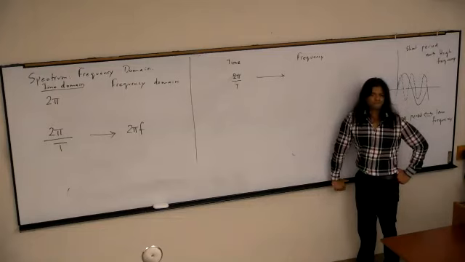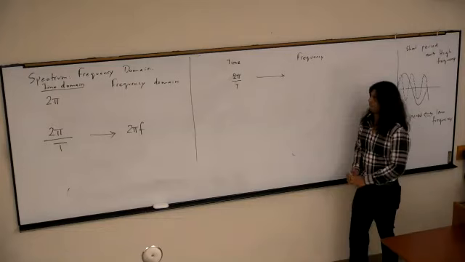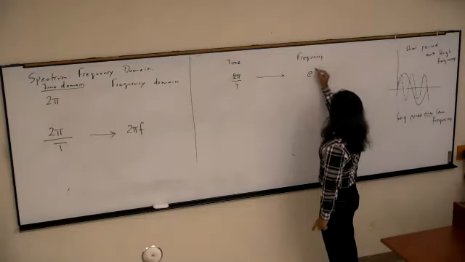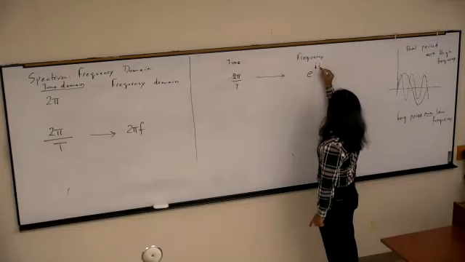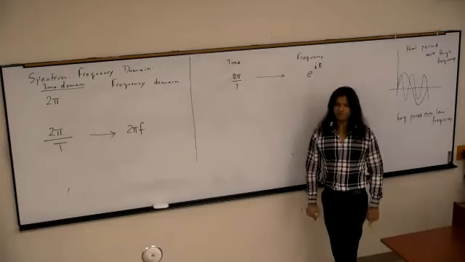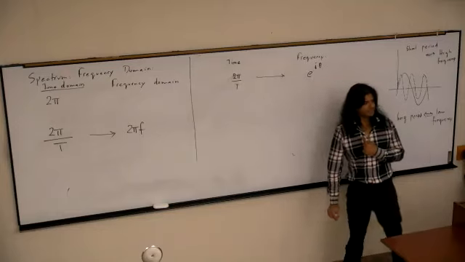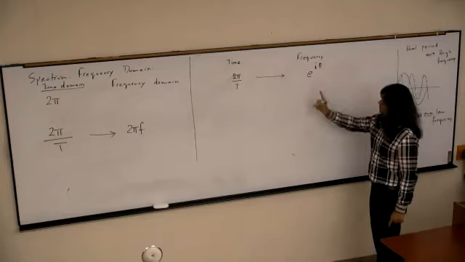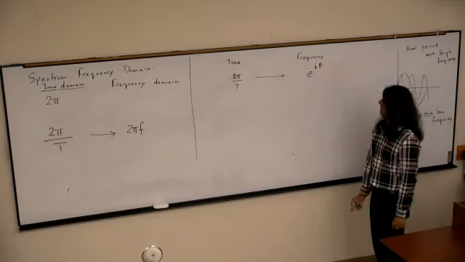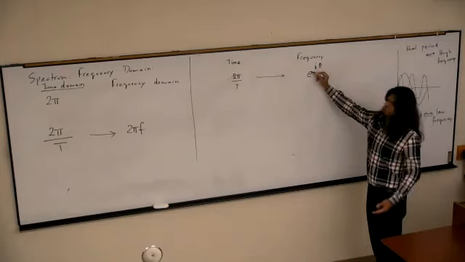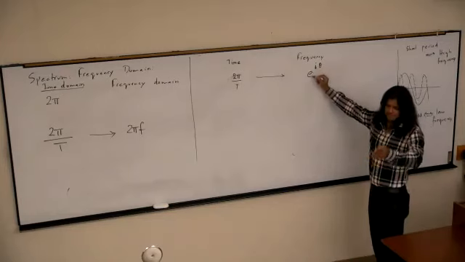You have some e to the i t. Can you convert it? Last time, what did I use? Did I use theta? E raised i theta, Euler's formula, could be plus or minus, it doesn't matter.